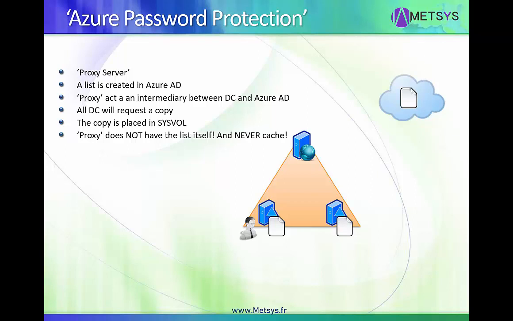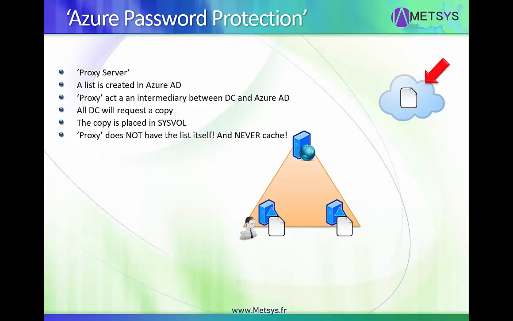So if the domain controller wants a copy of the list, it needs to contact Azure. And since there is no connection to the internet for most environments from a domain controller, it will talk to the proxy server, and the proxy server will fetch the list for it. And the proxy server, as we said, just gives the list to the domain controller, and it will never keep a copy for itself, and it will never cache the list.